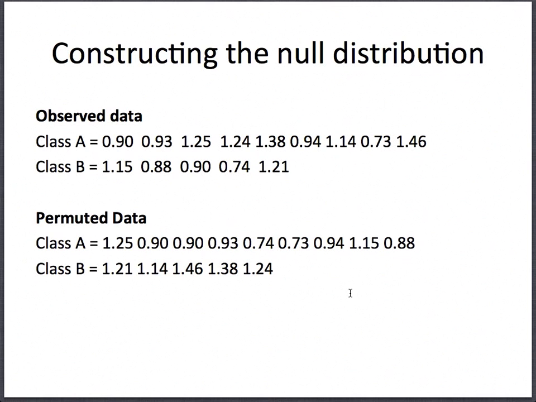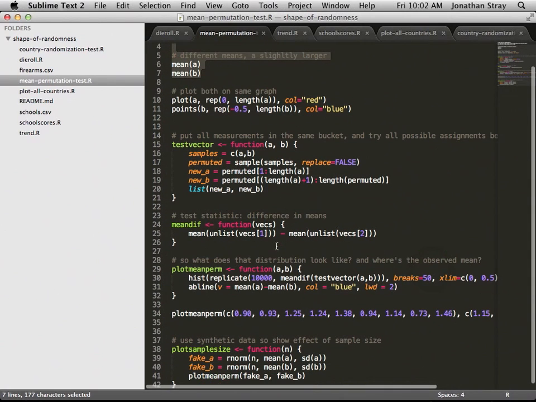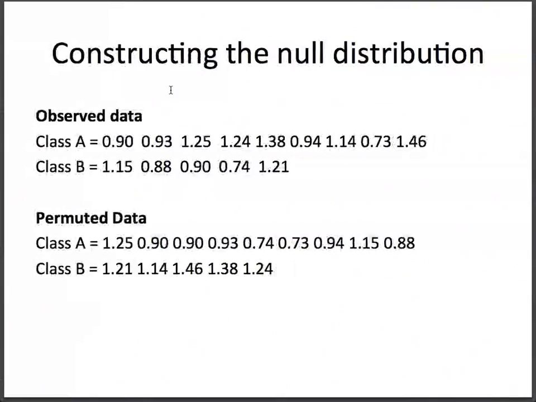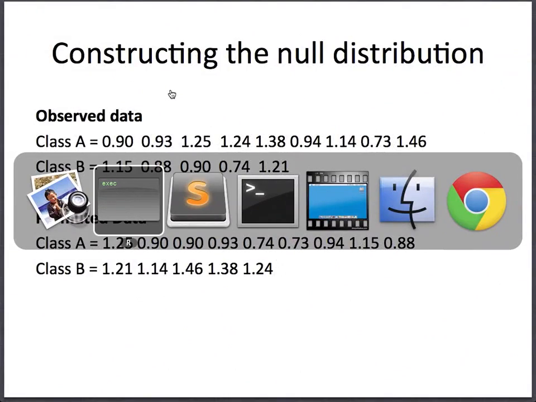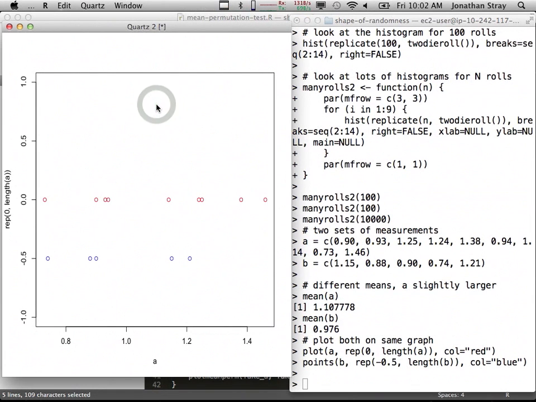And I'm actually going to draw it. So here's sort of what's going on here, right?